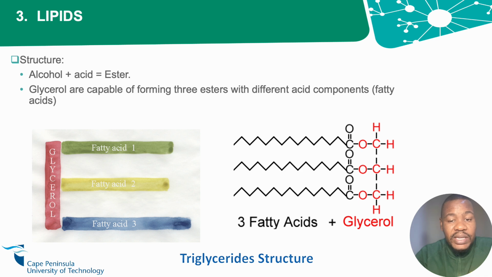As I've said, they are composed of 3 fatty acid molecules attached to a glycerol molecule. This is done through what we call an ester bond. In proteins, we've got a peptide bond, and in carbohydrates, we've got a glycosidic bond, and now here in lipids, we've got an ester bond.